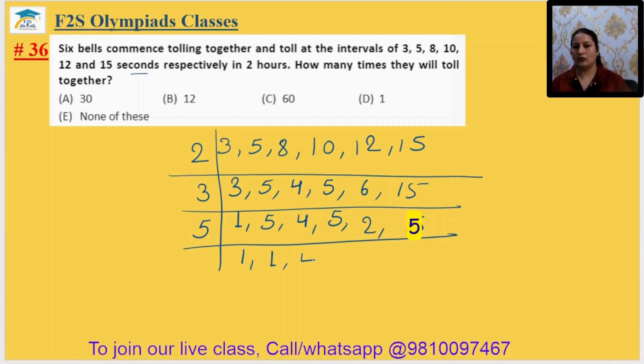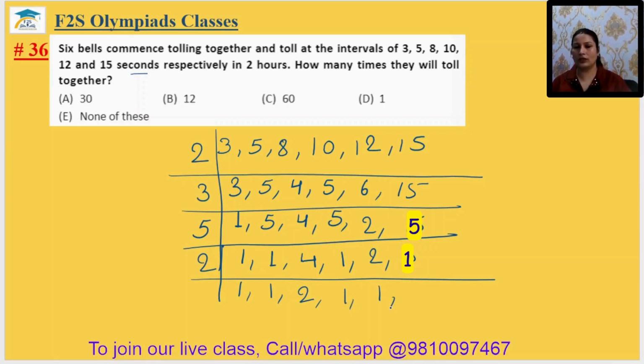Now we can take 2 again as the common factor. Now there is not any common factor. So LCM equals 2 multiplied by 3 multiplied by 5 multiplied by 2 multiplied by 2 multiplied by 3.